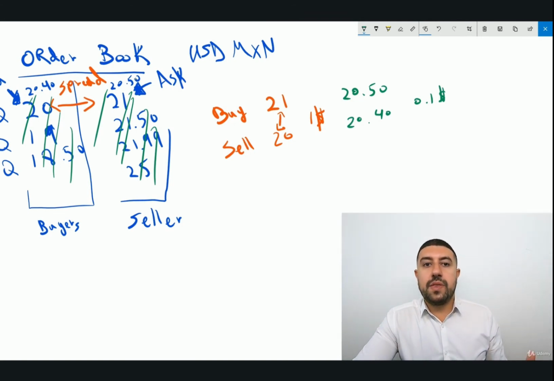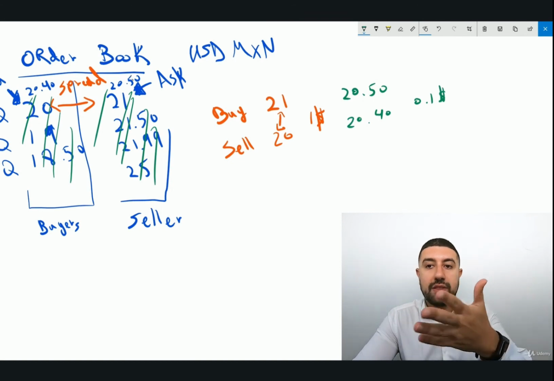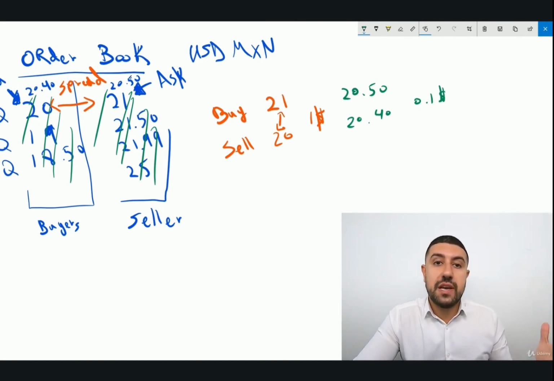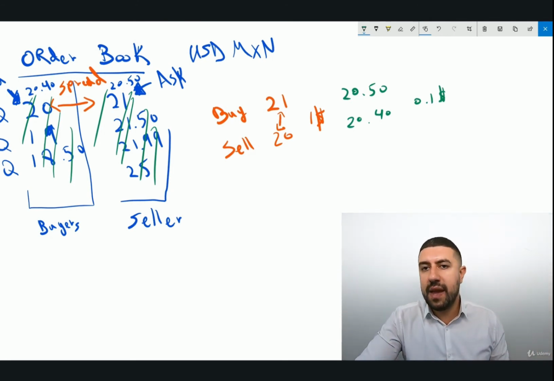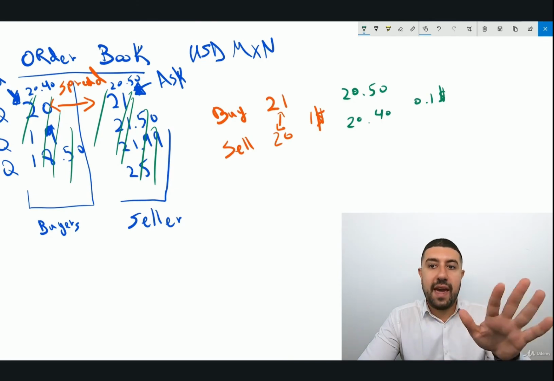But then the problem is if they give it to you at 20.50 and by the time they get it, the price really moved, there's risk. So they might widen their spread when the market is moving a lot, okay? And we're going to get into that when we talk about brokers, but this is something that you want to keep in mind. This is the terminology for spot price, order book, bid price, ask price, and the spread.